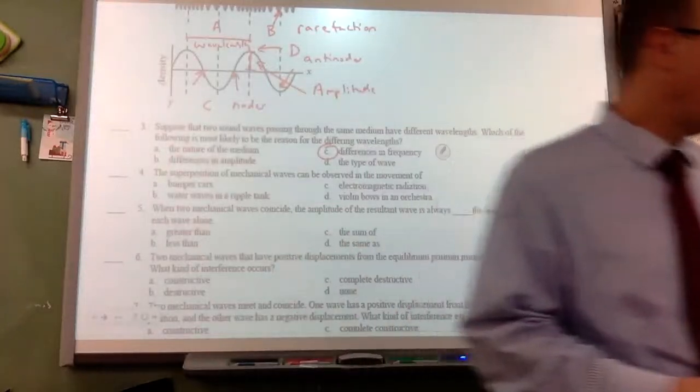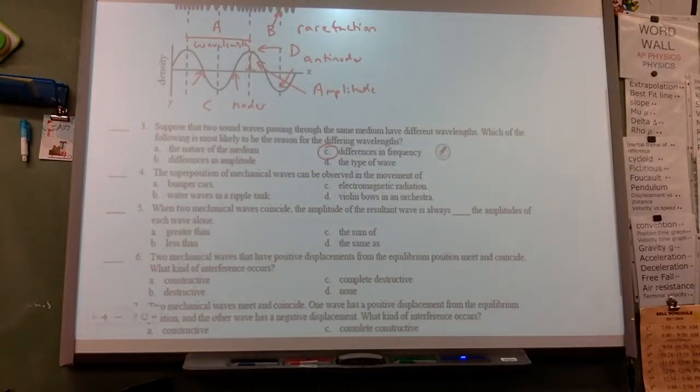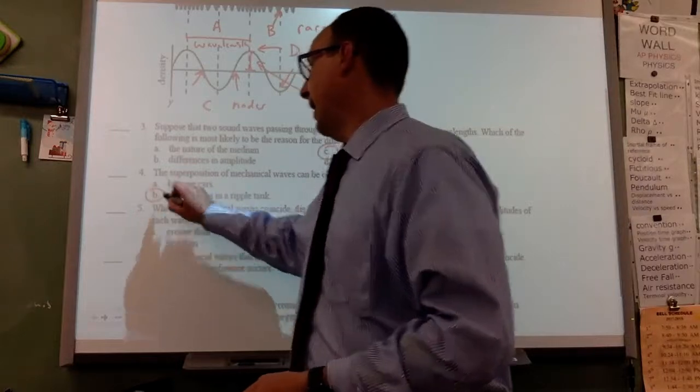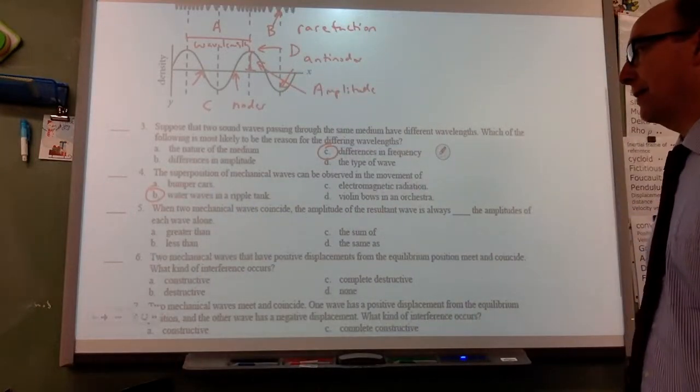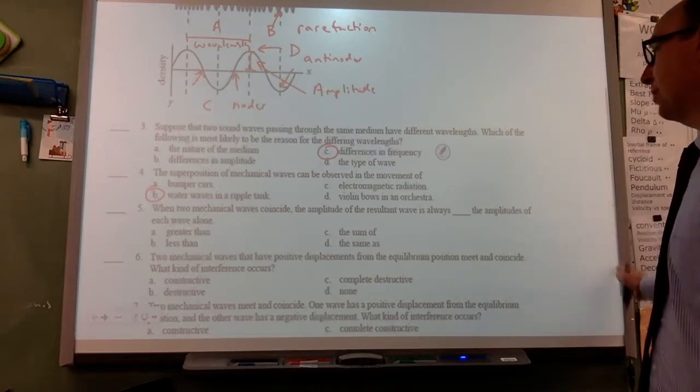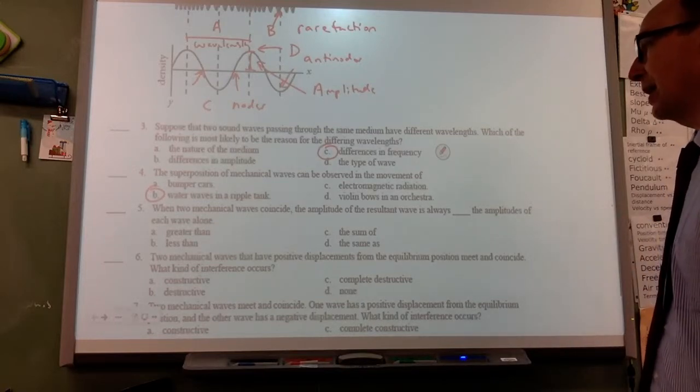Where we had waves overlapping with each other, and they used water waves to show this. When two mechanical waves coincide, the amplitude of the resultant wave is always.